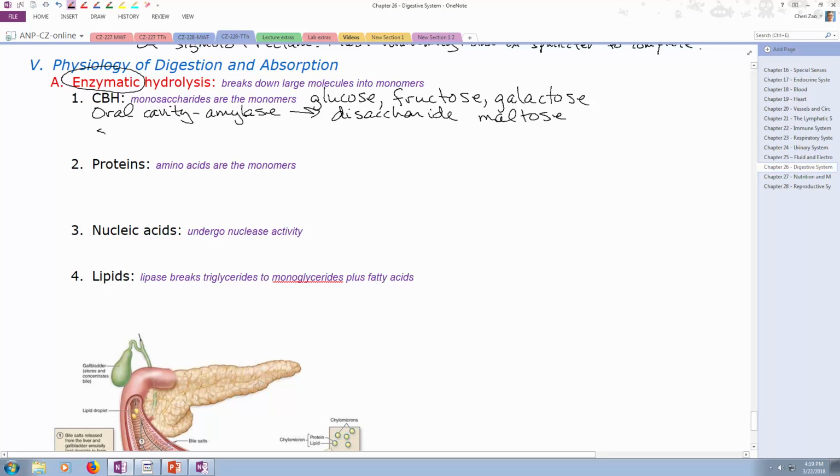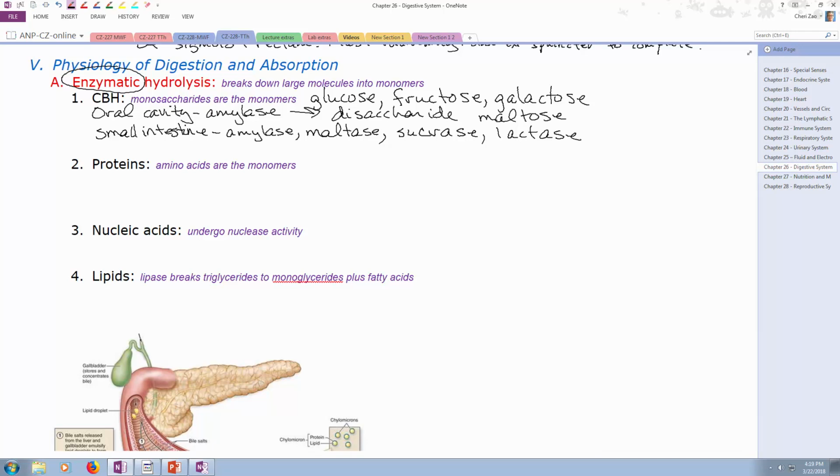Then we get into the small intestine. And we'll encounter more amylase, but we will also encounter maltase, sucrase, and lactase. And you know those are all enzymes because they have the ending -ase.